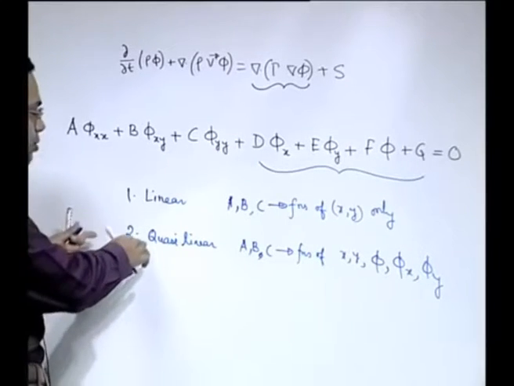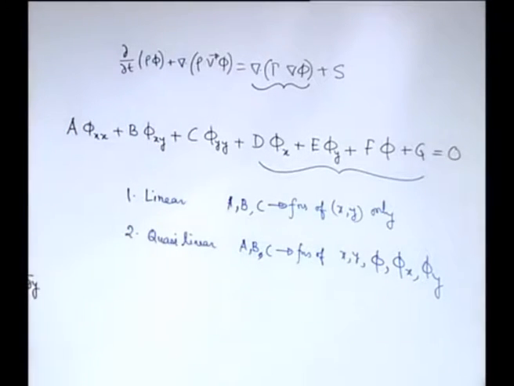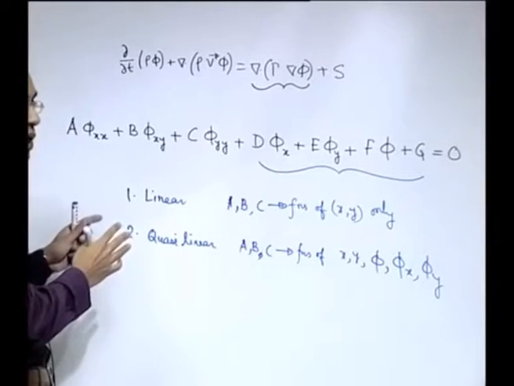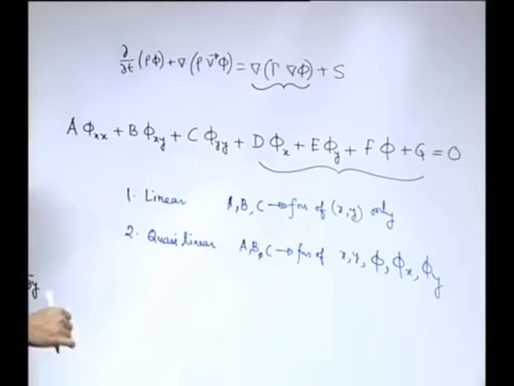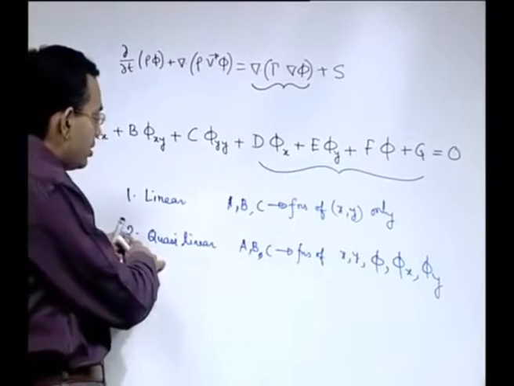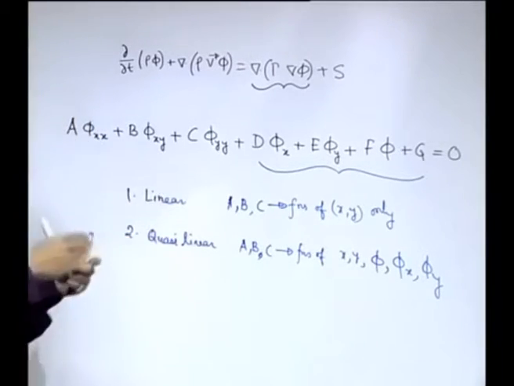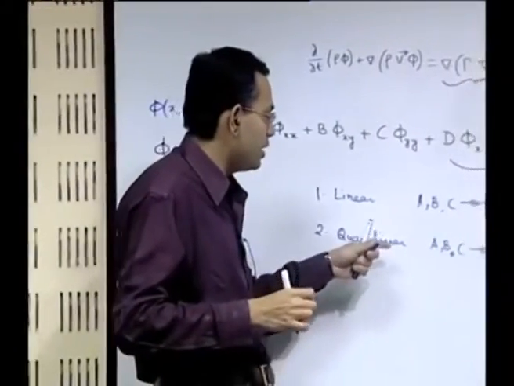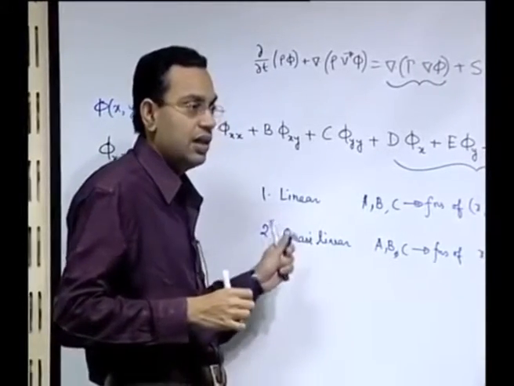In general, quasi linear is a special type of non-linear, but you could have other types of non-linear equations, and it is important to know this because the solution strategy will depend on which type of equation it is. And not only that, once you have a type of equation, you can associate with that a particular physical perspective. For example, many of the equations in fluid dynamics will be quasi linear in nature.